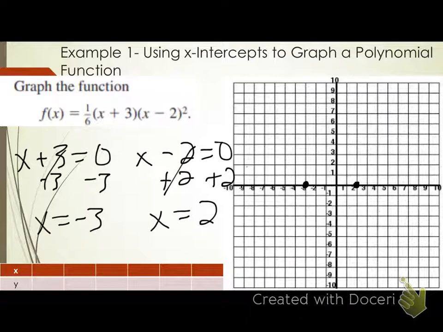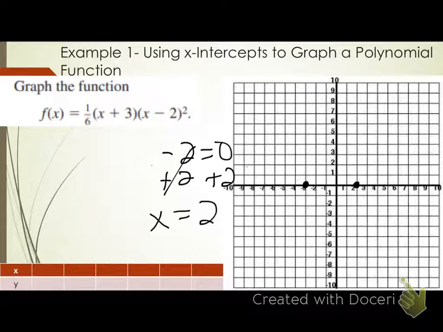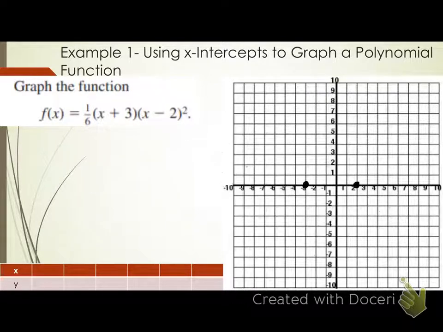So there's my x-intercepts. Now I want to get more points that are on my curve, so that it can help me draw my curve a little more accurately. What I'm going to do is pick some x values that are around -3 and 2. So I'm going to use -4, -2, -1, 0, 1, and 3.